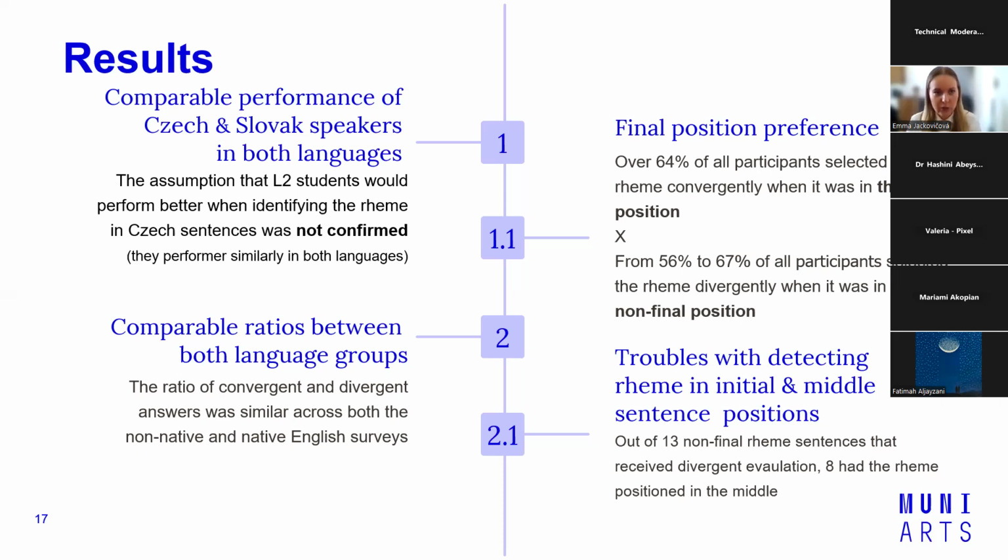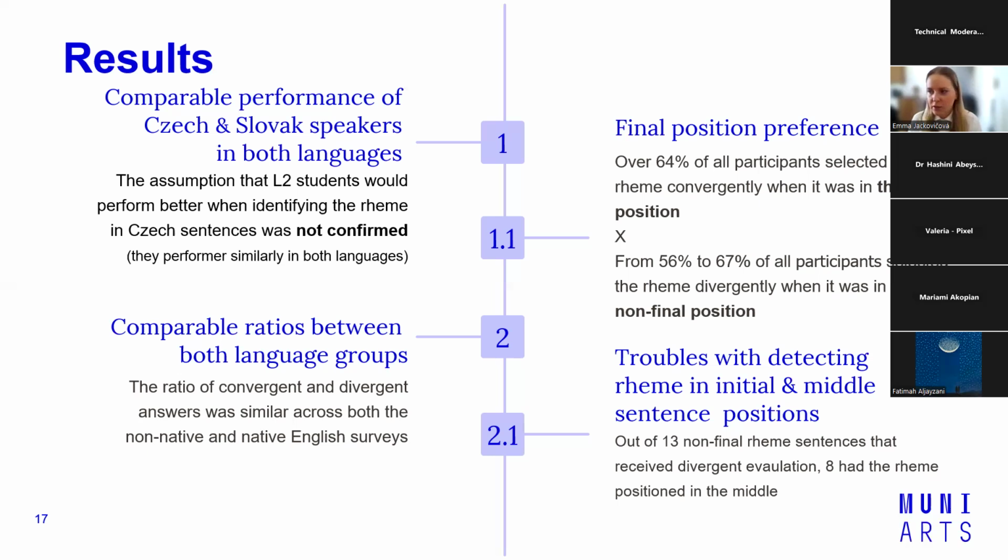Answering the second research question, the ratio of convergent and divergent answers was very similar across all language groups, which means that non-native speakers of English don't perceive the information structure of English text differently from native speakers. This was somewhat unexpected and shows that first language didn't dramatically affect performance on average.